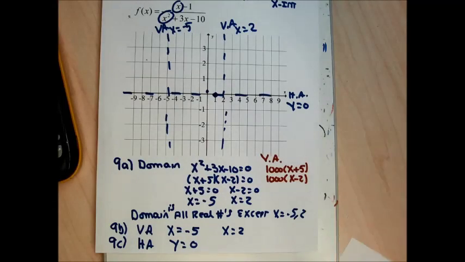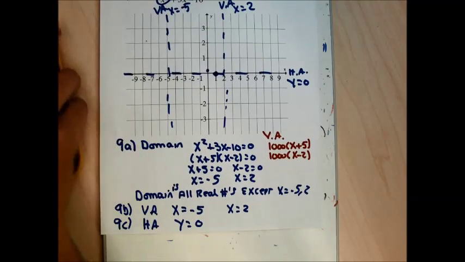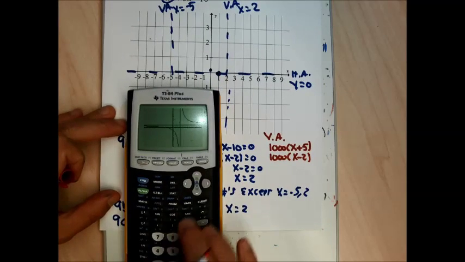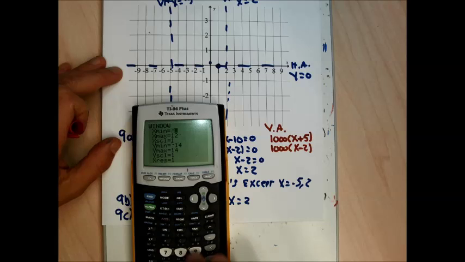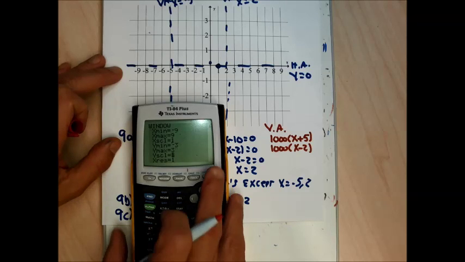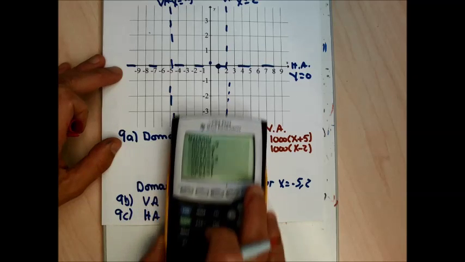So as I go to finish this problem up, which is just sketching a graph, I'm going to make my window the appropriate window, which is -9 to 9 on the x's, -3 to 3 on the y's. Again, those are just numbers that are given to me.